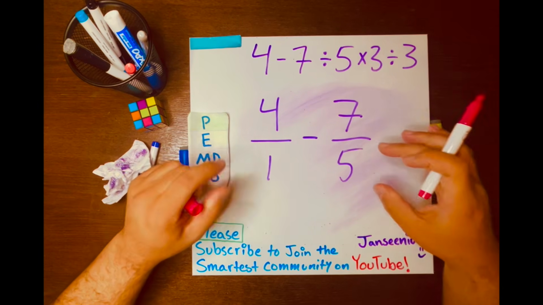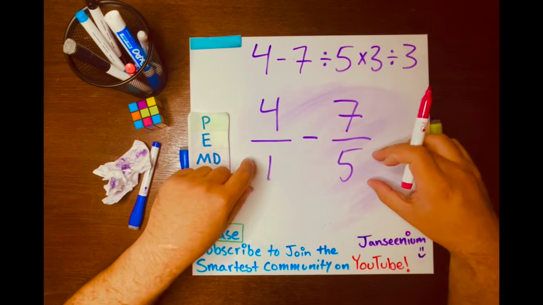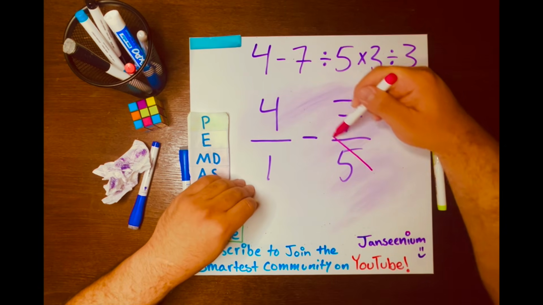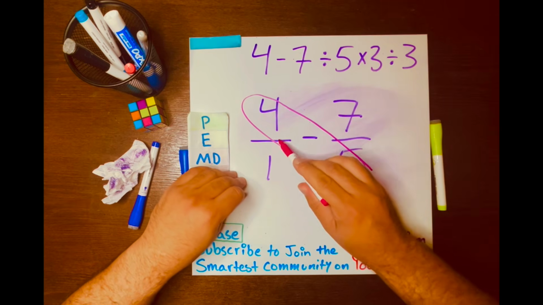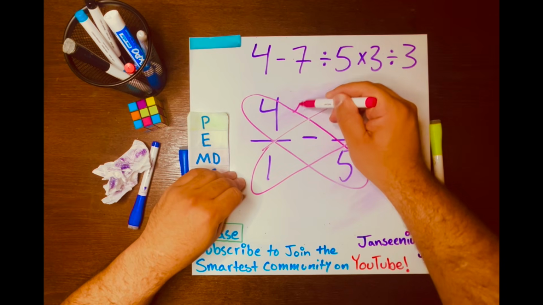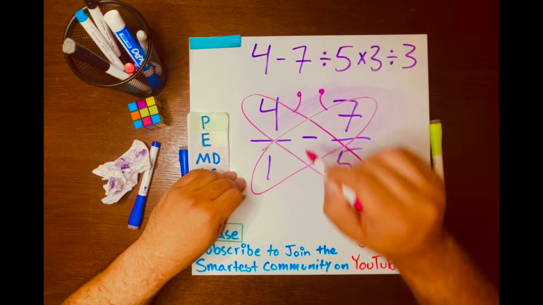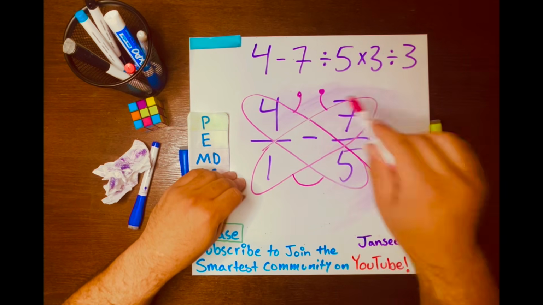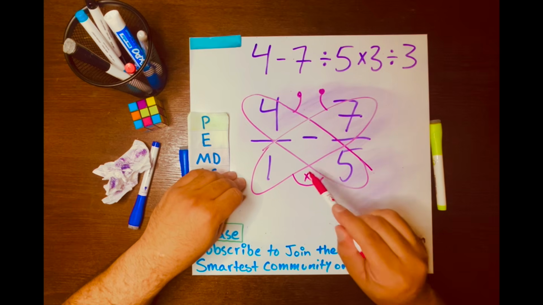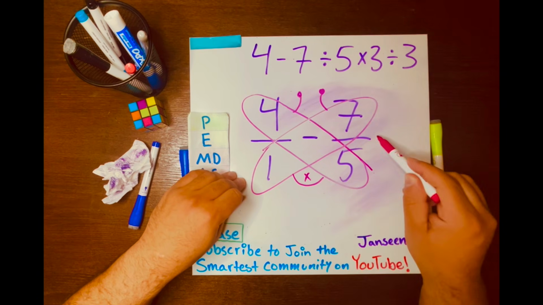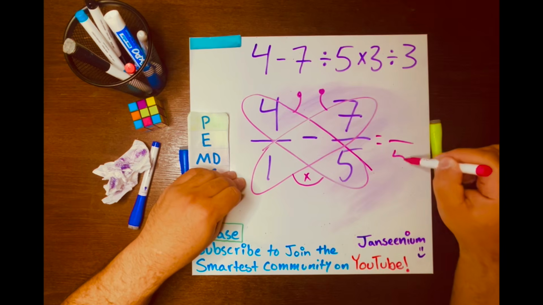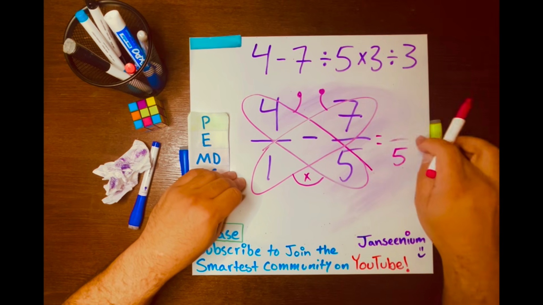And so I'm subtracting two fractions, but the denominators are different. So here are the butterfly wings and the butterfly antennas, and you multiply what's inside the wings and write the result above the antennas. And then here's the body. So 1 times 5 is 5. That gives you the denominator.